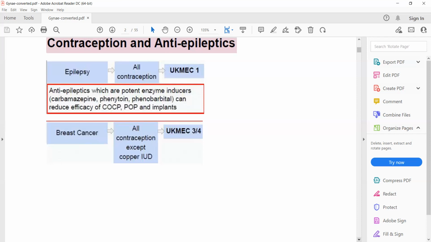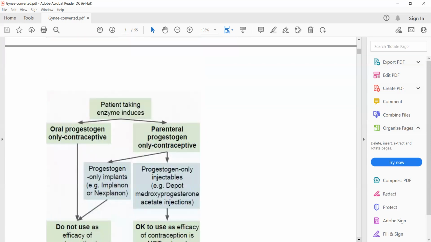So if the patient is taking one of these anti-epileptic medications, then you cannot prescribe COCP, POP, or implants. You need to go for other options.